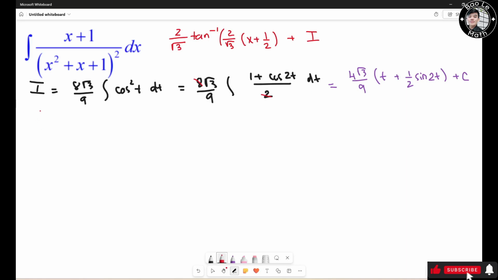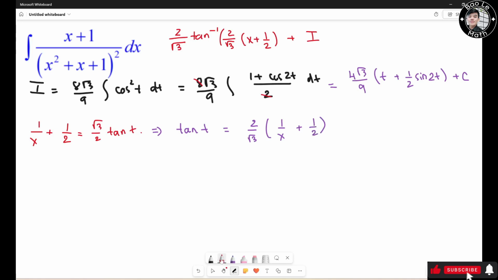So previously we used the substitution by letting 1 over s plus 1/2 equal root 3 over 2 tangent t. Now we need to divide both sides by root 3 over 2, so it turns out to be tangent t equals 2 over root 3 times 1 over s plus 1/2, right?